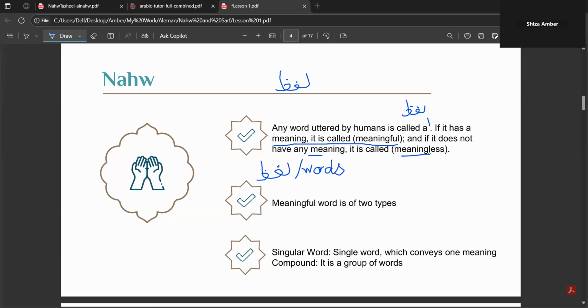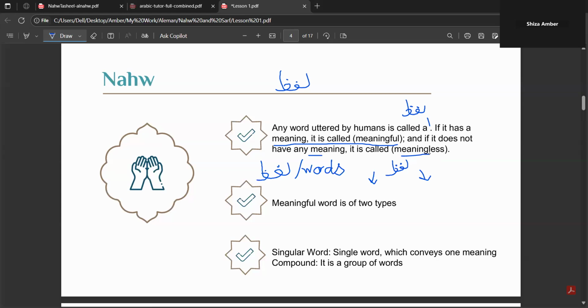So there are two categories of words: meaningful and meaningless. But then you need to know that there are proper Arabic terms for meaningful and meaningless words.